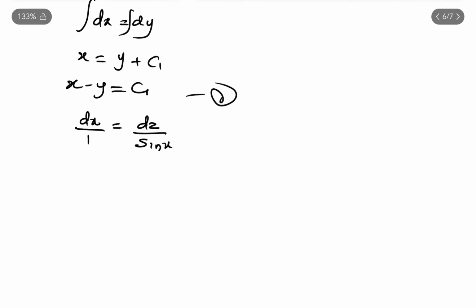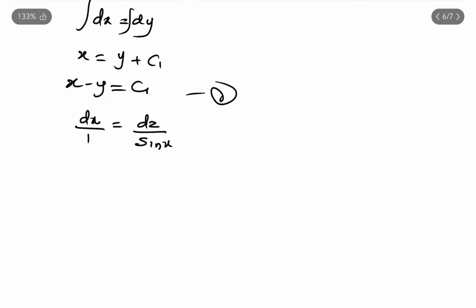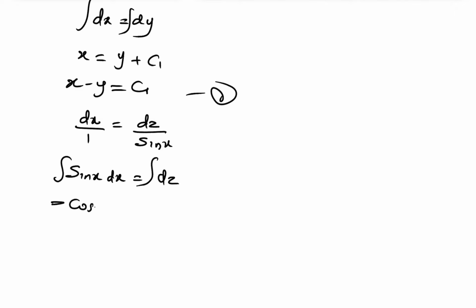If we cross multiply, this means sine x dx equals dz. When you integrate, you're going to get minus cos x equals z plus c2. So this becomes minus cos x minus z equals c2.